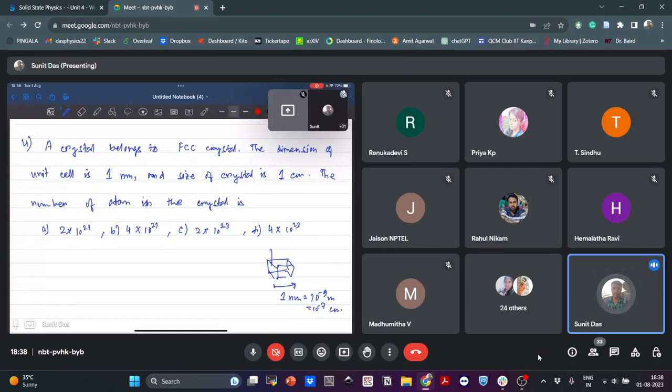Now the crystal is made up of many, of the order of Avogadro number of unit cells, and the total crystal size is 1 centimeter. Nothing they have mentioned in the question means it is also cubic. So the crystal itself is cubic, and the unit cell is also face-centered cubic. What we need to find is the number of atoms in the full crystal itself, not in the unit cell.